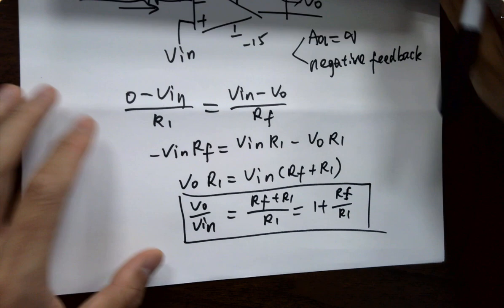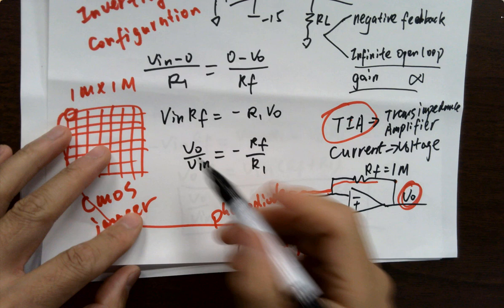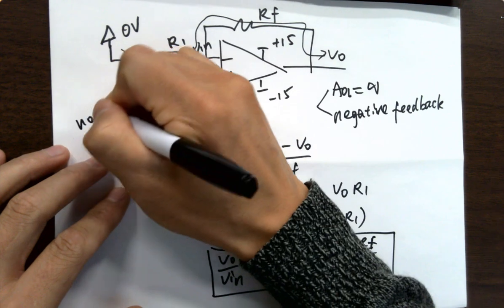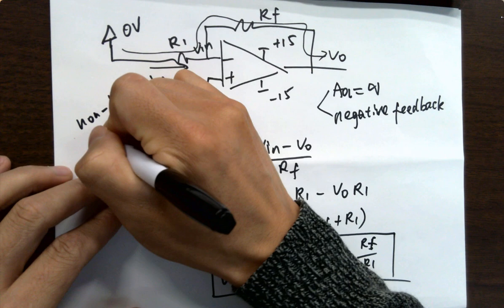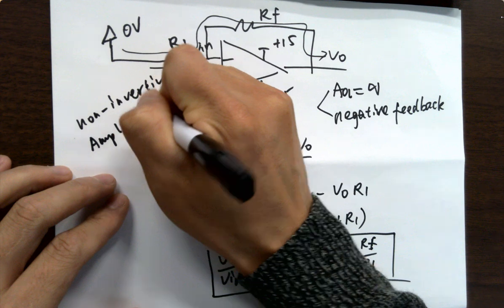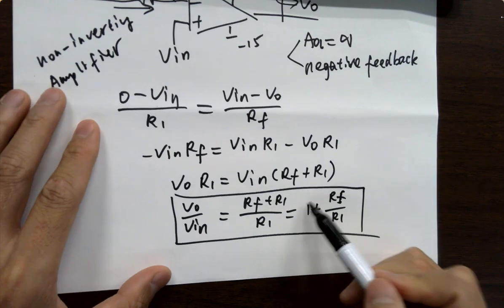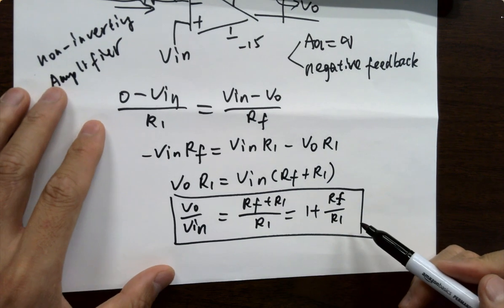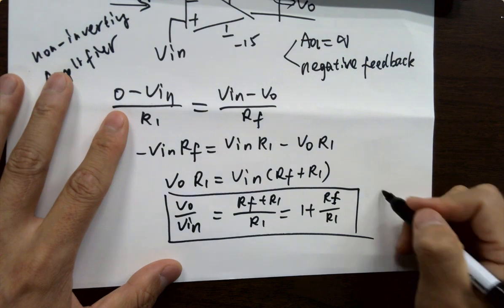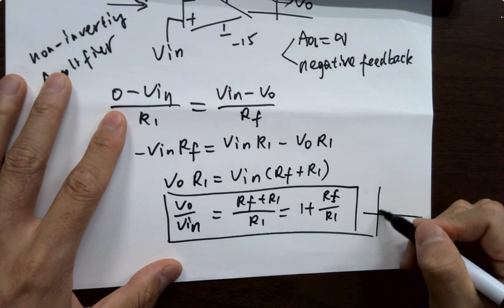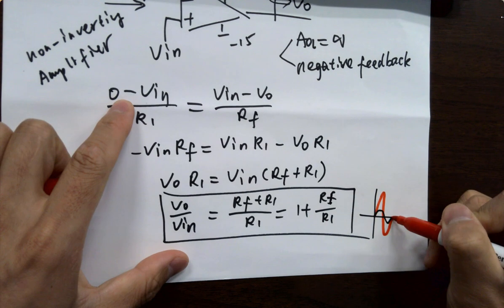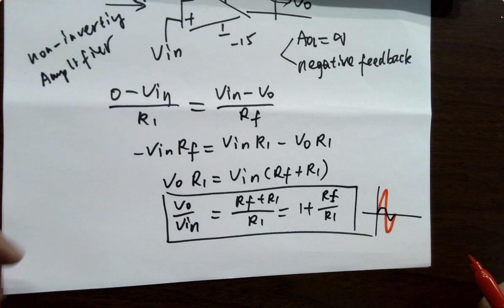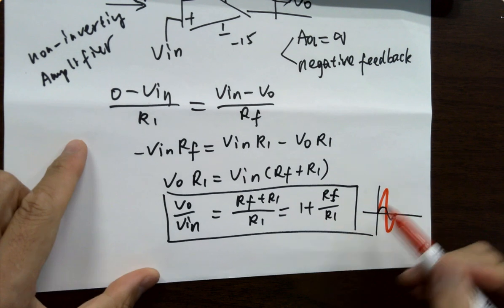Okay, so the voltage gain of the non-inverting amplifier is this, and there's no negative sign, so it's a positive gain. So there's no phase shift. What does that mean? You have an input signal, and that's the output signal. It's going to be nicely amplified by this gain.